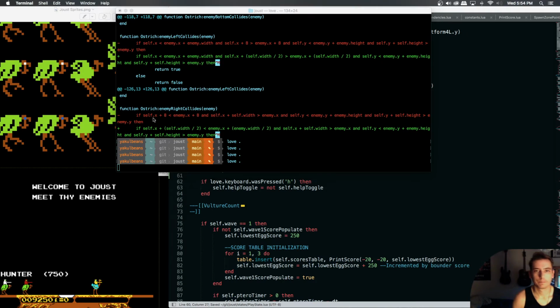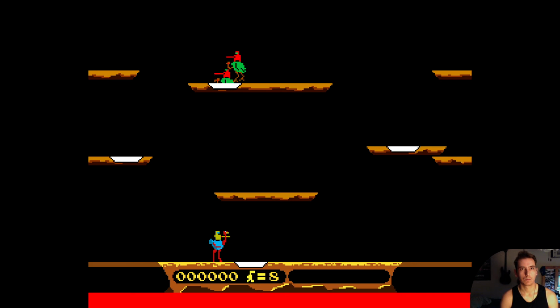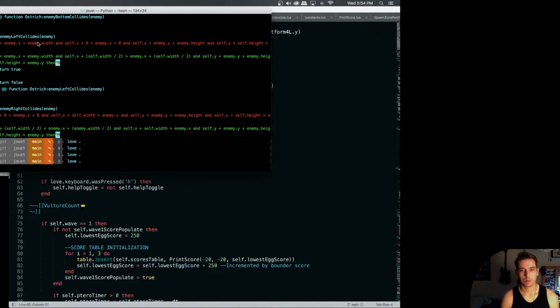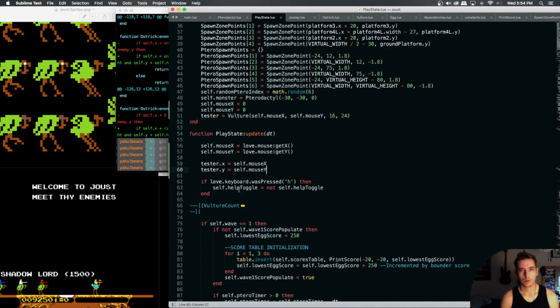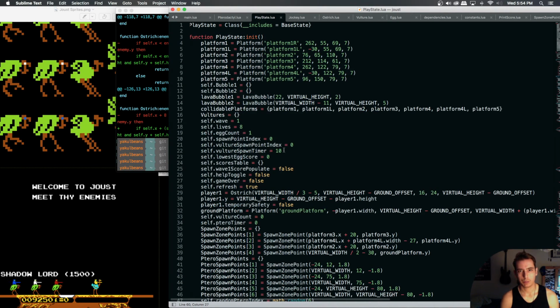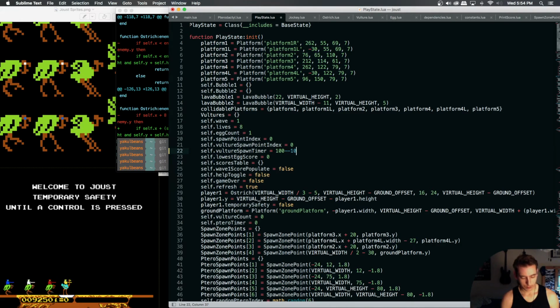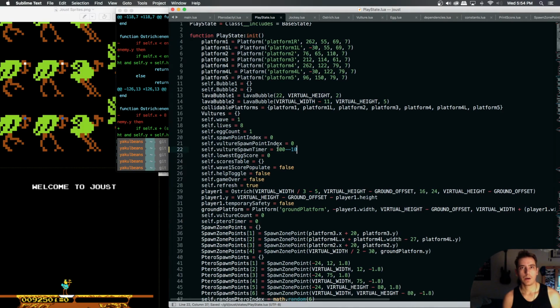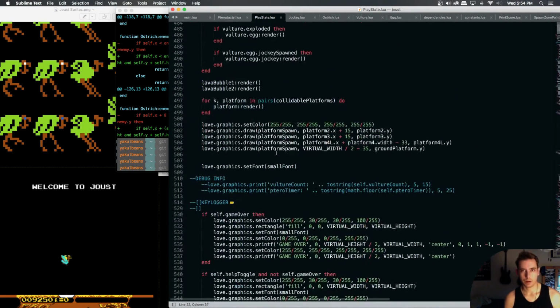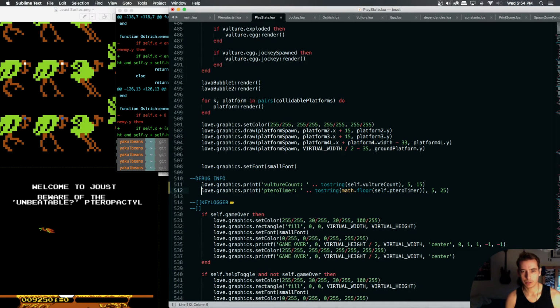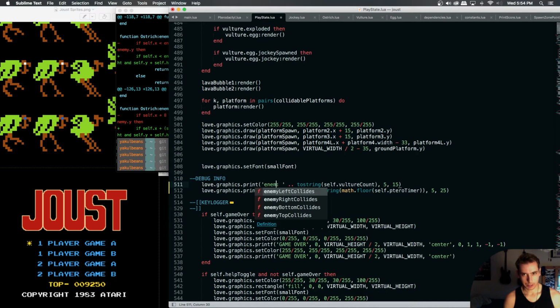Let's see. Cool. So we've got vulture. For the love of God, I'm going to put our vulture spawn timer to 100. And now in our play state, I'm going to render our debugging. And the debugging I'm doing is going to be enemy left collides, enemy right collides.